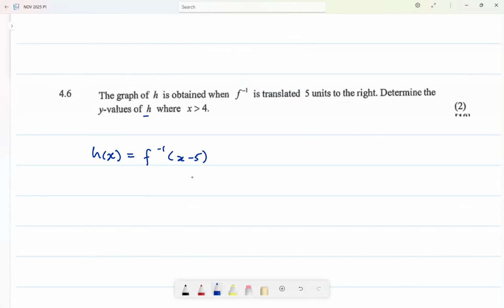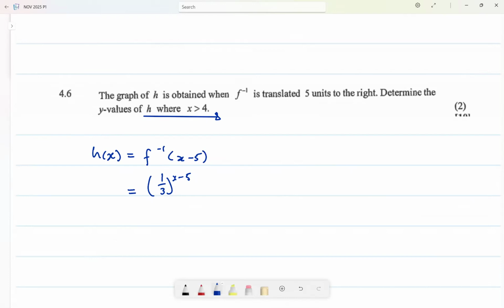Determine the y values of h where x is greater than 4. Let's see what the equation of this one is. It's going to be (1/3) to the power of x minus 5. So we want the values of y where x is greater than 4.